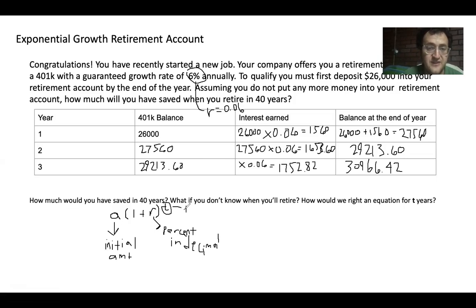And just by having this formula, instead of having to do this 40 times, we can put this right into a formula and figure out how much is in our retirement account.